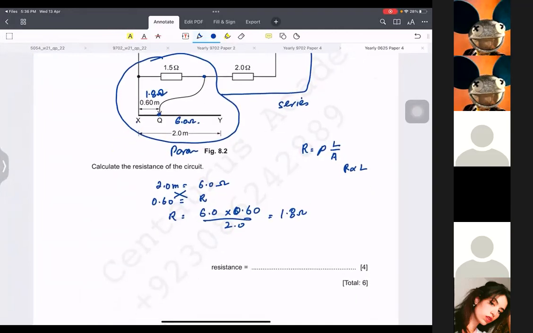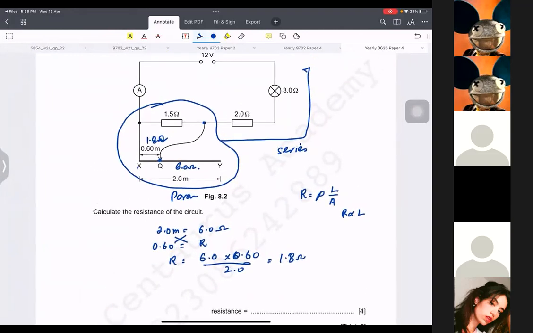Now it wants us to find the total resistance. 4-mark question. So first of all, I would find this one. So how to do this? 1 upon R equals 1 upon 1.8 plus 1 upon 1.5.